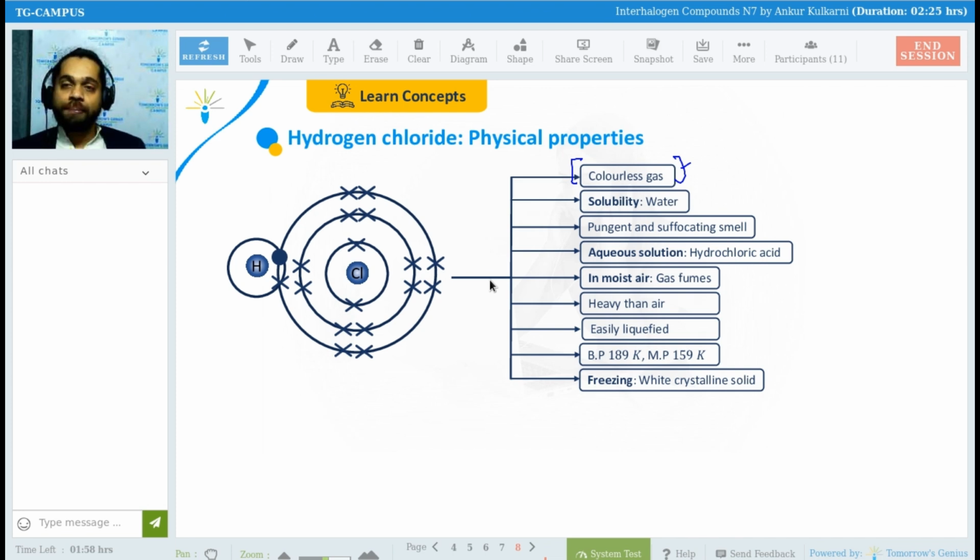Prashanti, Muldeep, Sasidharan, Bhuvaneshri, solubility of HCl, will it be high, low? High. Anthony, what will be? High. Okay. Intermolecular hydrogen bond.